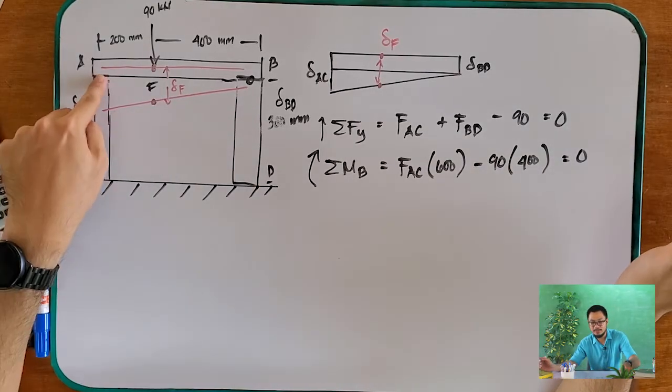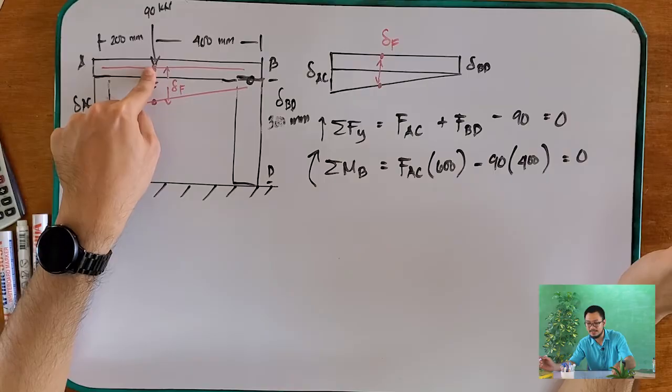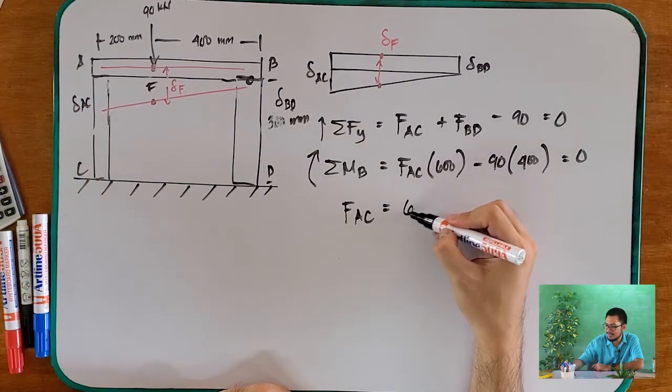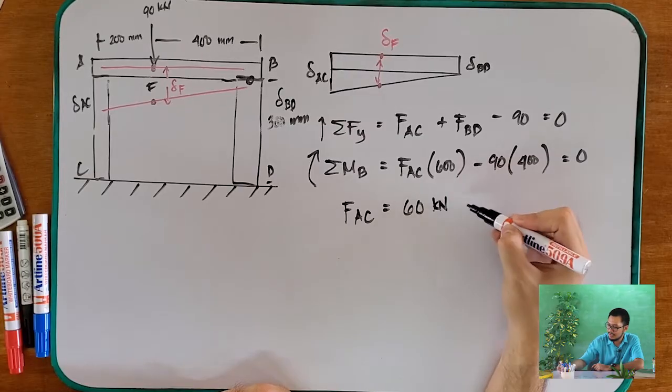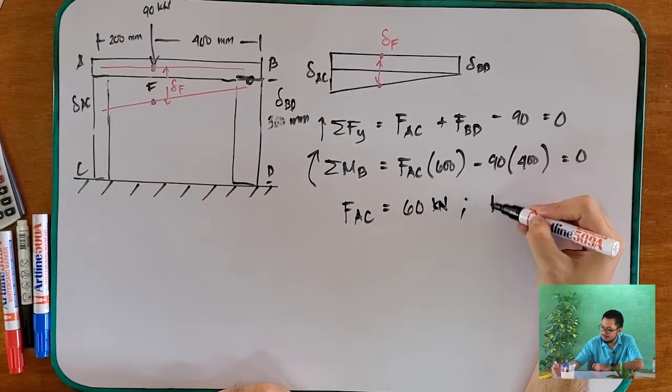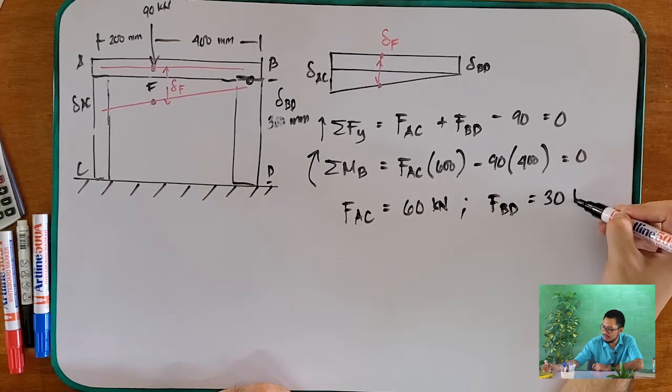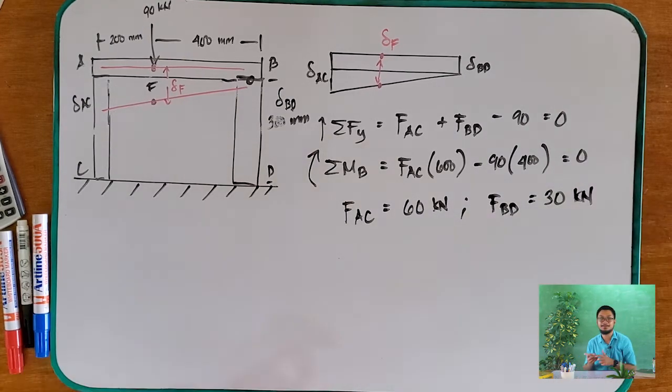Okay, right? This is your FAC, this is your 90. So therefore, your FAC is equal to 60 kilonewtons and your FBD is equal to 30 kilonewtons. That's it. So, you now have your FAC and FBD.